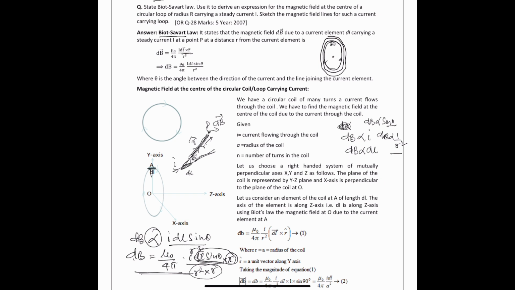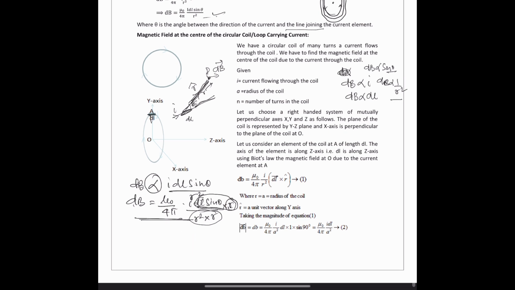So dB is equal to this, where theta is the angle between them. This is how the Biot-Savart law is stated. Now the magnetic field at the center of the coil we have to calculate, because of this current element. I can represent dB in two ways. One is mu0 by 4 pi, I dl cross r, where r is not the unit vector, by r cube.